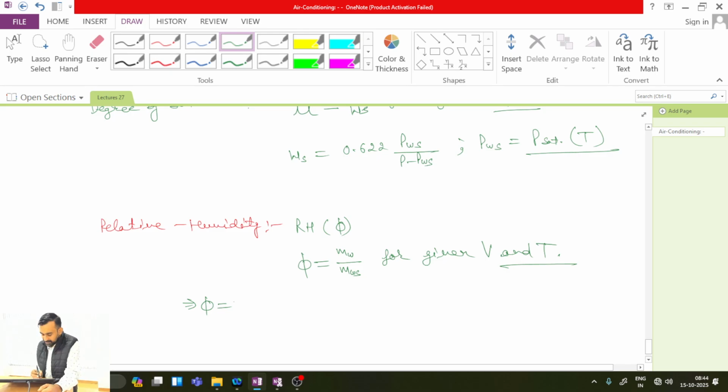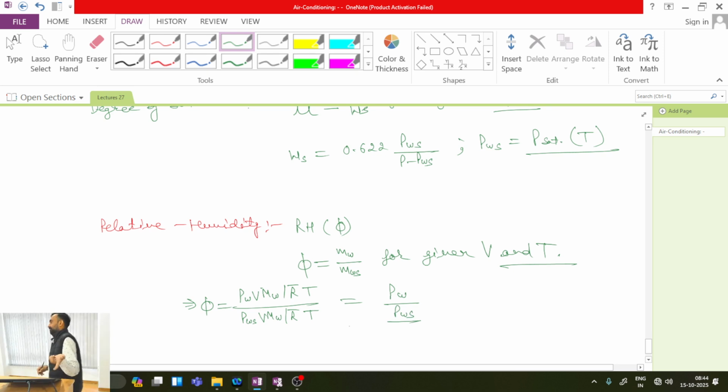MW I can replace as PW V into MW divided by R bar into T, divided by PWS, now for the saturated state, volume is V. Again I have water vapor only, so MW divided by R bar into T. So it will simply become equal to PW by PWS.